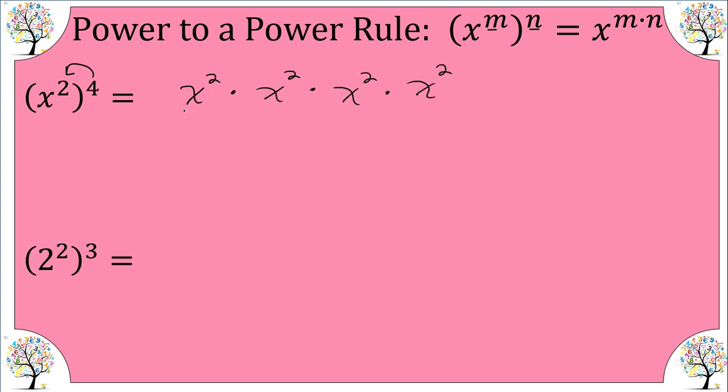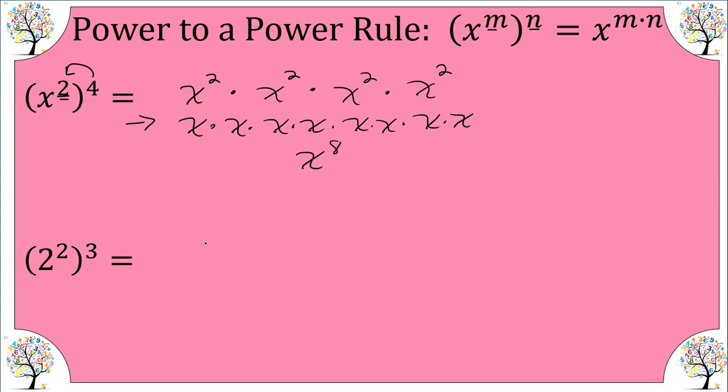Now, let's evaluate or expand each of these. So we have x squared times x squared times x squared times x squared. So altogether, we have 1, 2, 3, 4, 5, 6, 7, 8 x's being multiplied. So simply, if we would just say 2 times 4, we would get our answer.